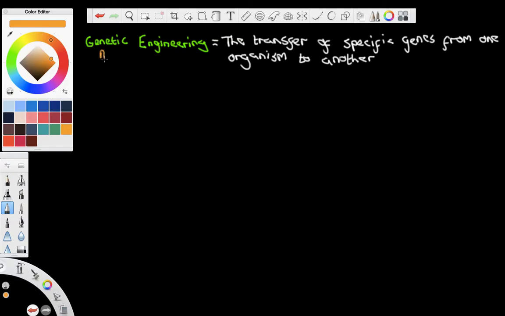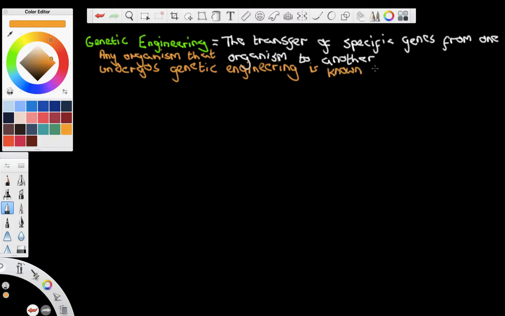So we can say any organism that undergoes genetic engineering is known as a genetically modified organism.